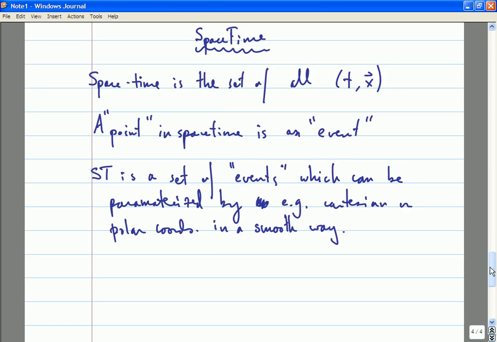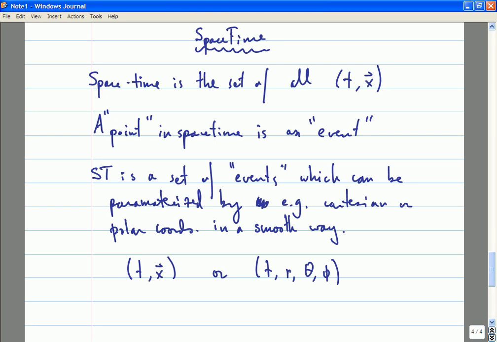But you should think of space-time as just a set of all possible events, all possible times and positions, and the points in space-time are labeled by coordinate systems. So, for example, if we were to use a Cartesian coordinate system, the points in space-time would be labeled by four numbers, t, x1, x2, and x3. Whereas if we were to use a polar coordinate system, the points in space-time would be labeled by a different set of four quantities, t, r, theta, and phi, where theta and phi are two spherical coordinates.